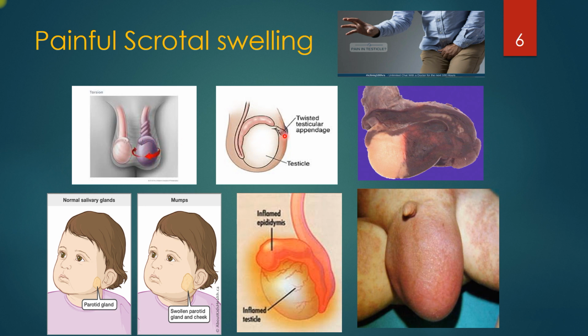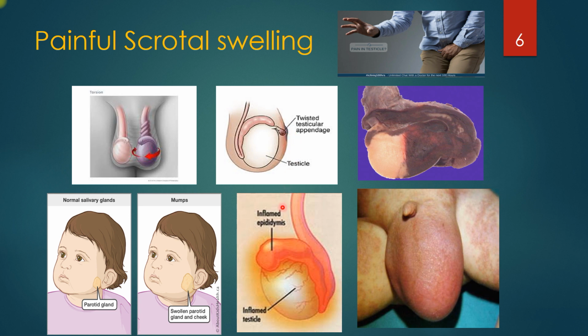Another less common entity is torsion of the appendix of the testis. Here, if gangrene occurs, there is no problem, but if gangrene occurs in the testis, the patient will lose the testis. An important sign here is the blue dot sign, a blue dot on the scrotal skin.